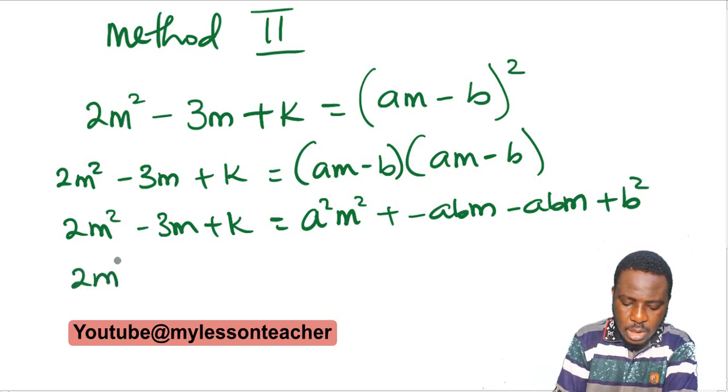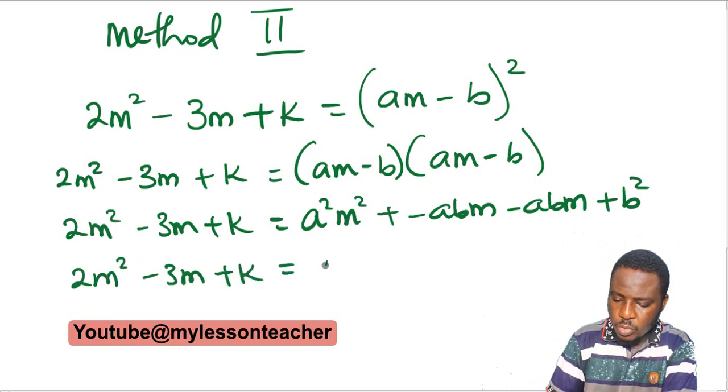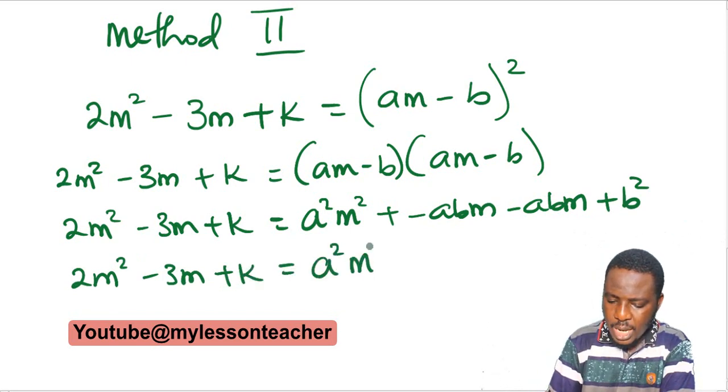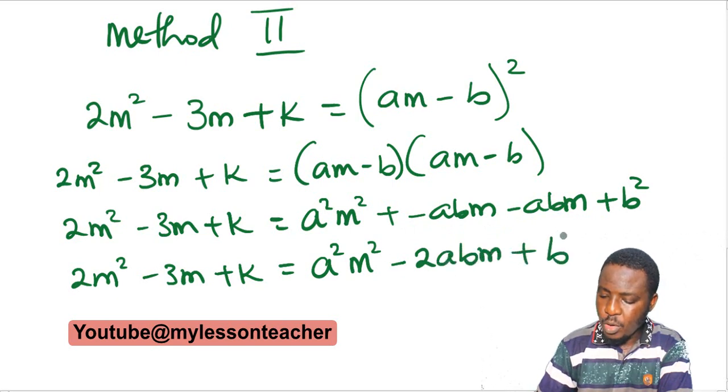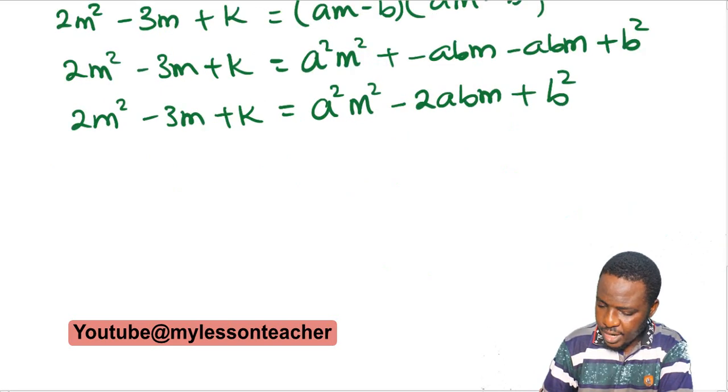Collecting like terms, this becomes 2m squared minus 3m plus k to be a squared m squared minus 2abm plus b squared, because when you multiply minus times plus it becomes minus. So we have been able to factorize it and simplify.